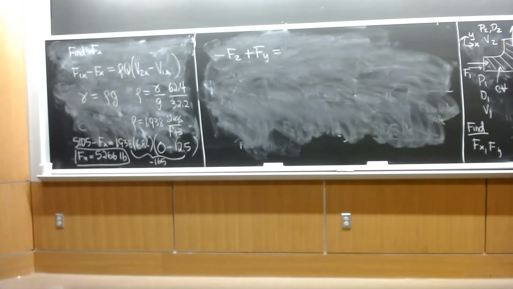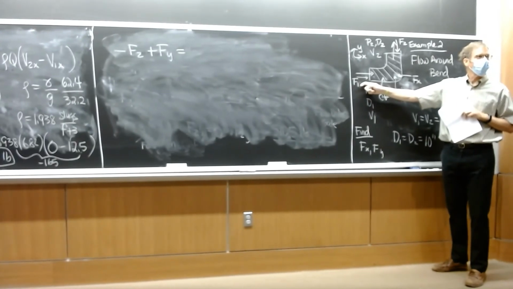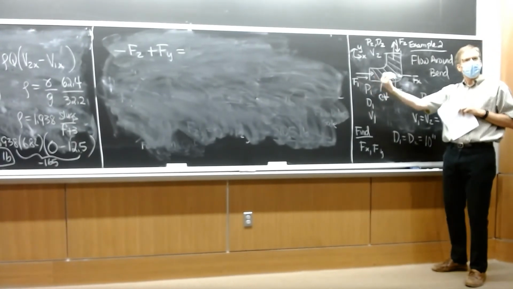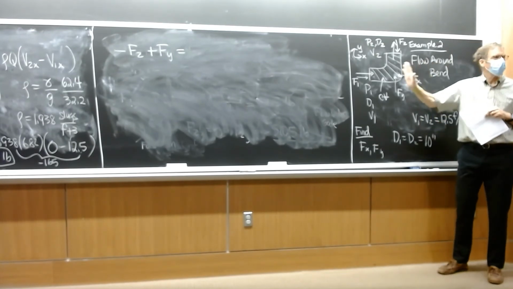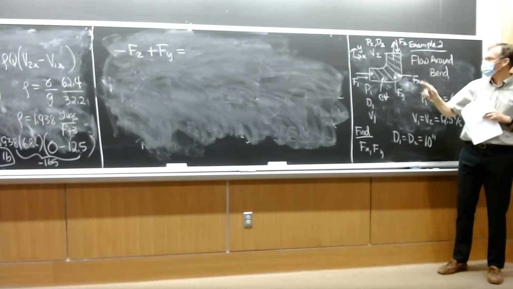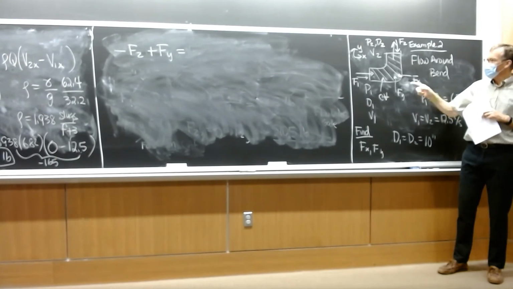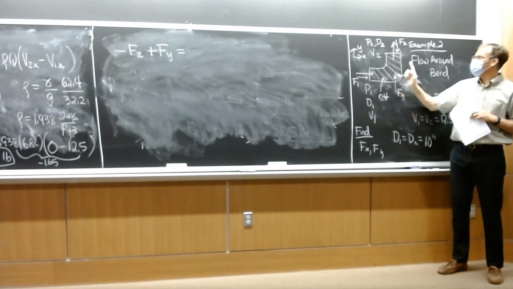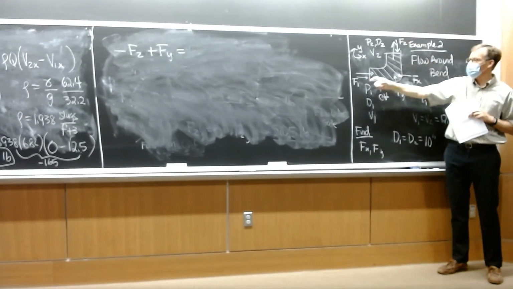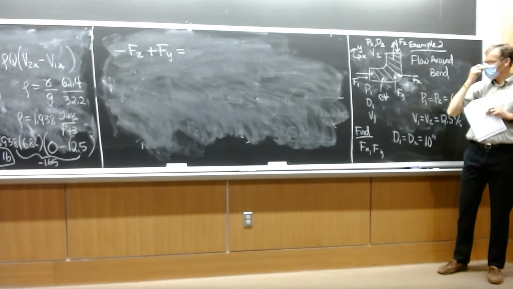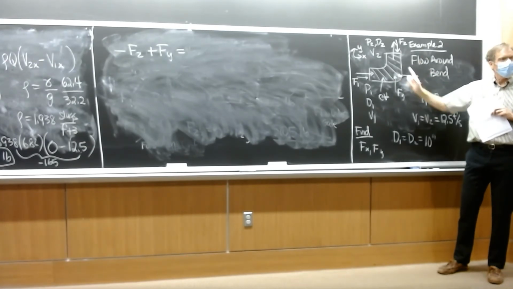What you see here is there's X momentum that has gone away. And just like a jet hitting a wall, that occurs when you push on the control volume in the negative X direction. That's why I put this in this direction. You have no y momentum at the inlet, but you do at the outlet, in the positive y direction.